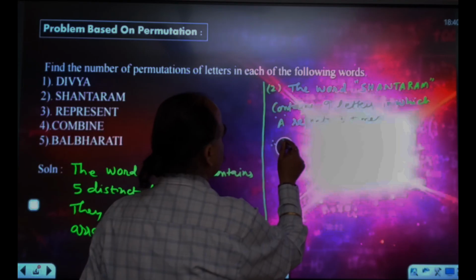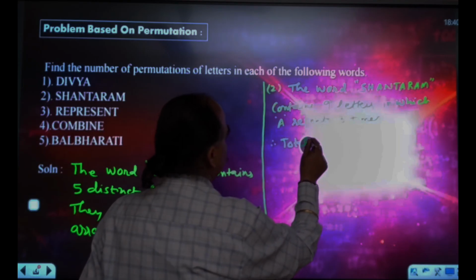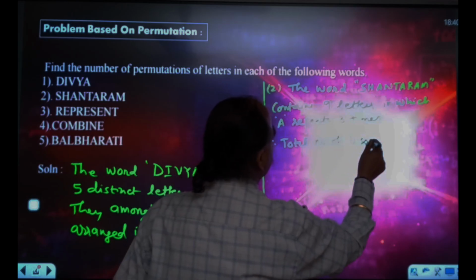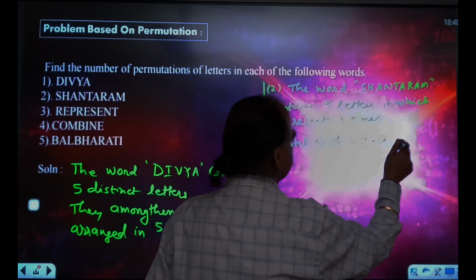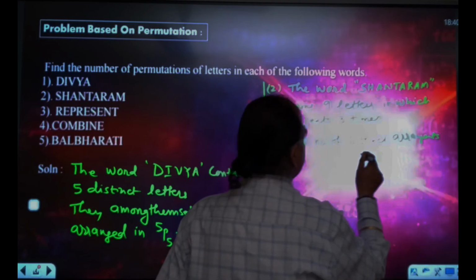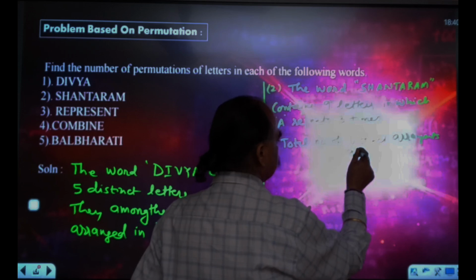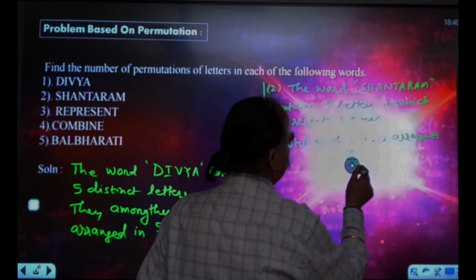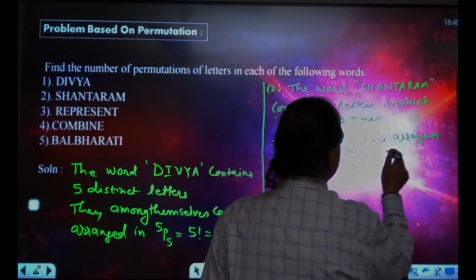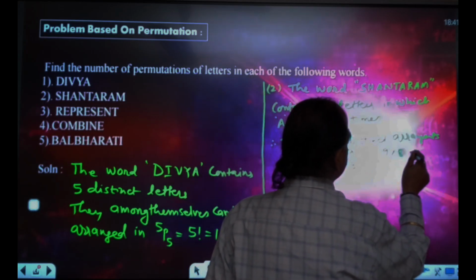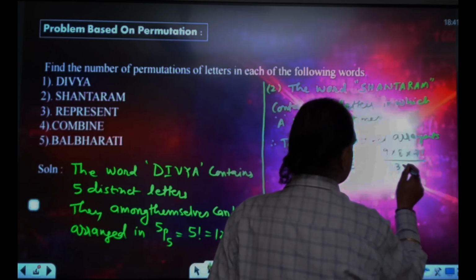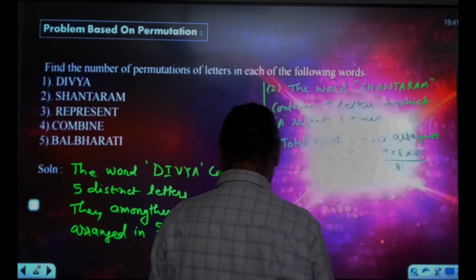Therefore, total number of distinct elements is equal to 9 factorial upon 3 factorial. 9 factorial is 9 into 8 into 7 factorial divided by 3 factorial, which is 6.